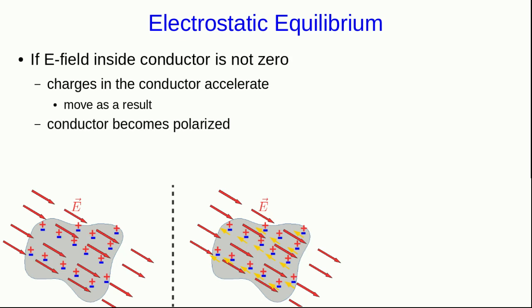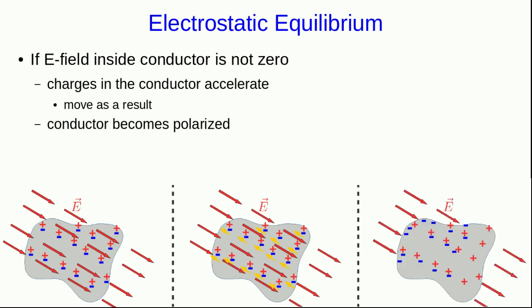And because the charges in it move, and in particular it's only the negative charges moving, the conductor is going to become polarized. We've seen this. This is how polarization happens. Well, now think about the electric fields. There's still that external electric field being imposed on the system from some set of charges outside. But because now we have a bunch of negative charge here and a bunch of positive charge over here, the charges in the conductor are producing their own electric field that points in the opposite direction.